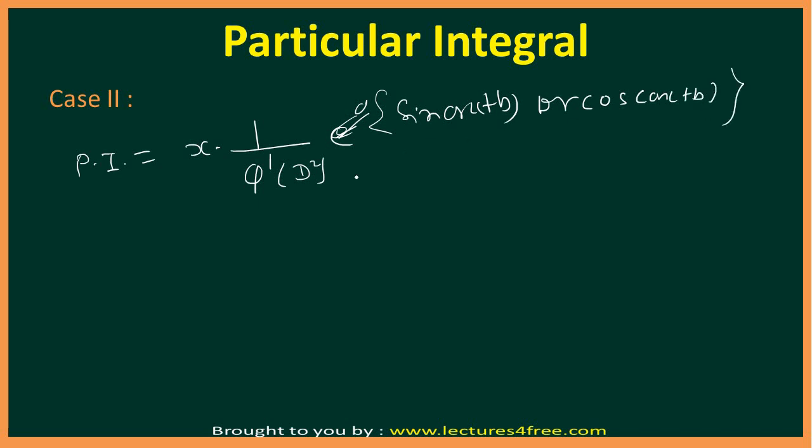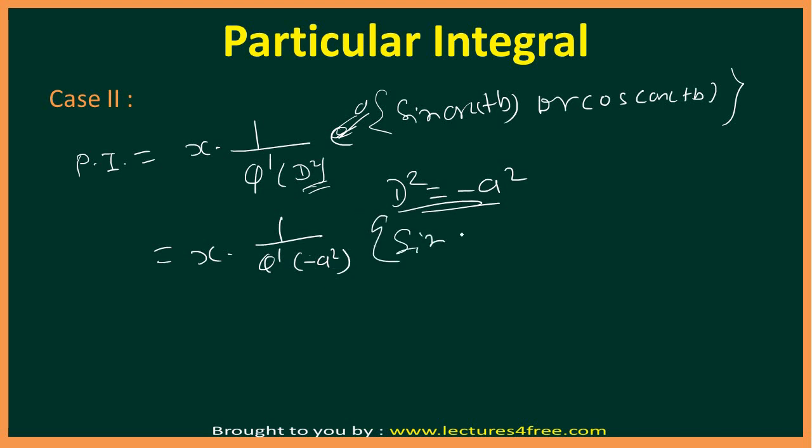Now you are getting D square here, so put D square equal to minus a square. You will get x times 1 upon φ(−a square), and here sin(ax+b) or cos(ax+b).